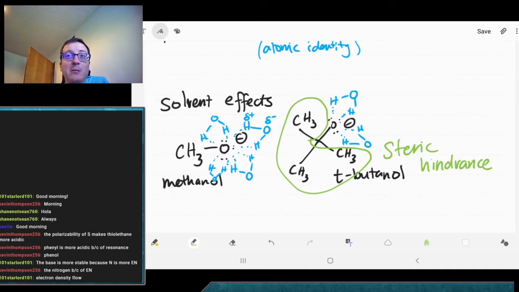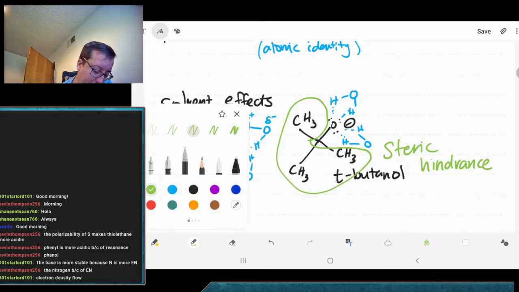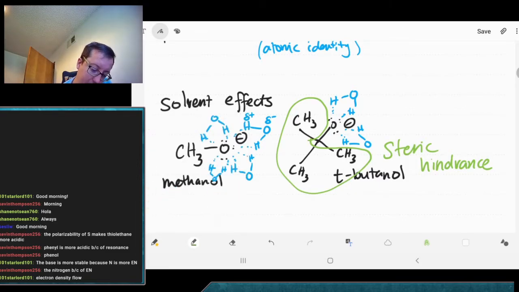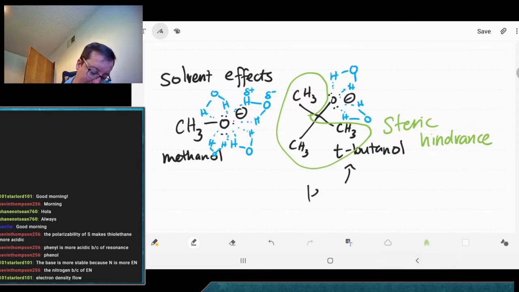Those are preventing more water molecules from coming in. And this is called steric hindrance. So as a result, this T-butanol is going to be less stable because the solvent can't access it.